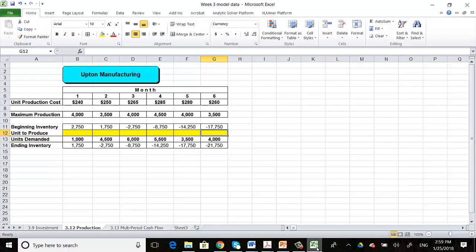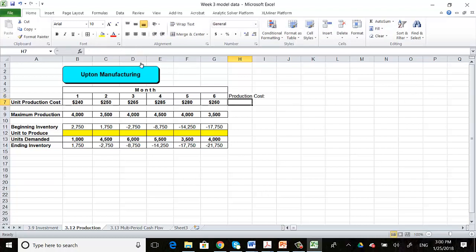And let's see, where should I put it? That's the unit production cost. So I'll put it here first, and I'll probably move it later. Actually, production cost first, I'm going to separate them.